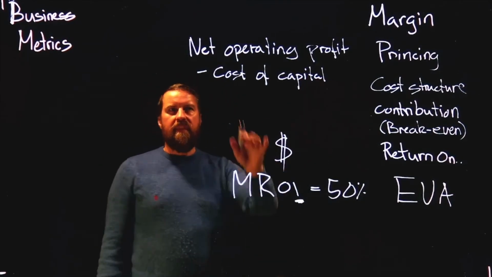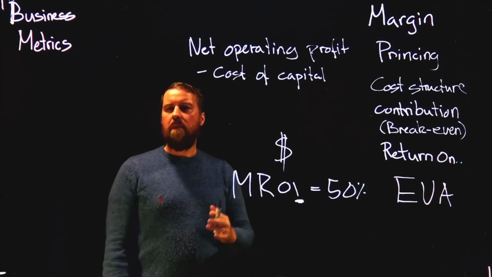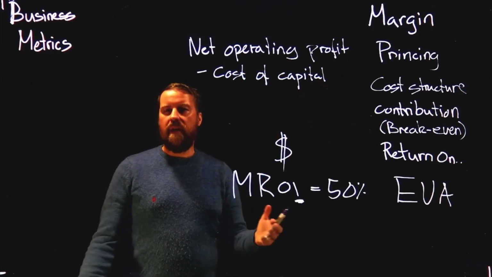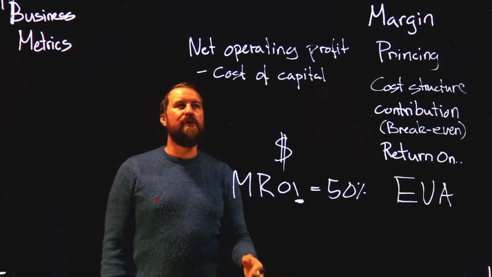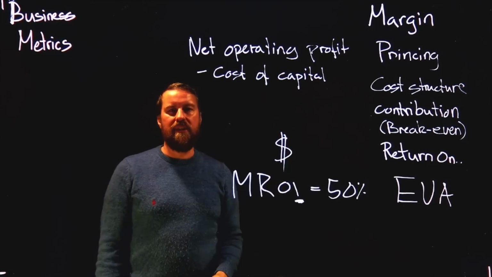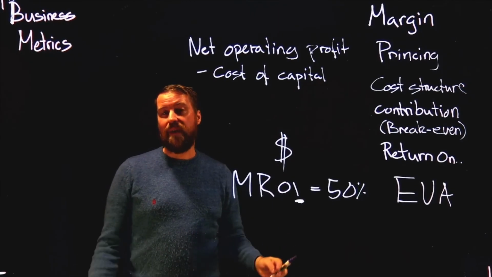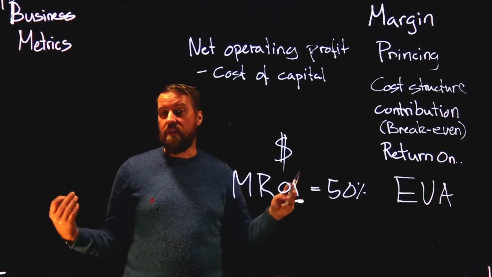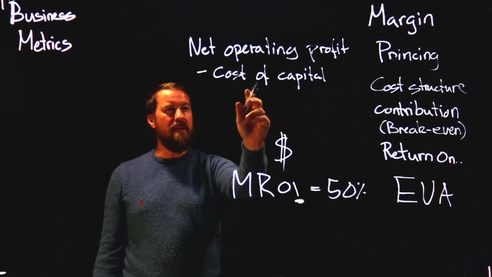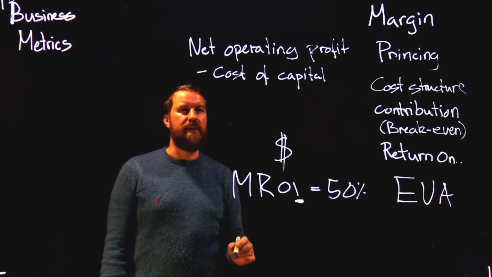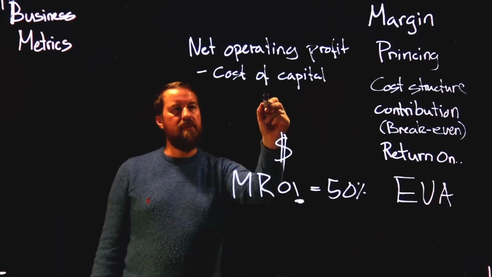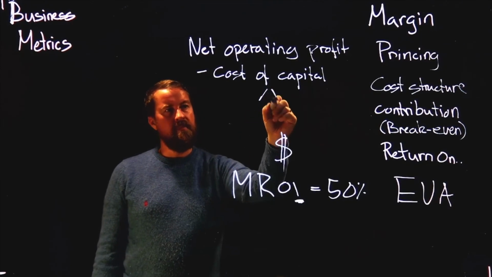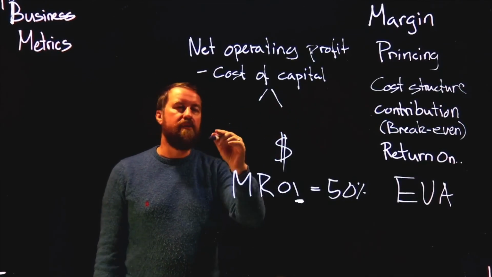Well, net operating profit makes sense. At the end of the day, how much is it that we're profiting? How much can we put into the bank account and say, hey, this is what we earned? Cost of capital is a little bit more tricky because it comes in two variations, or roughly two variations.